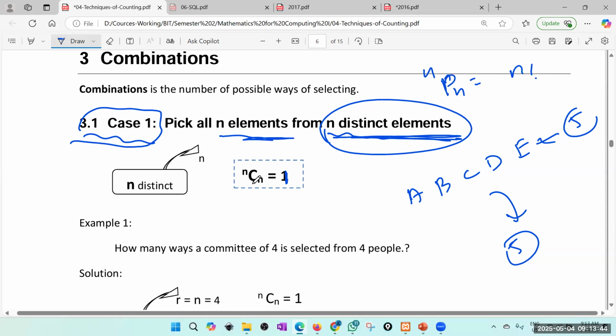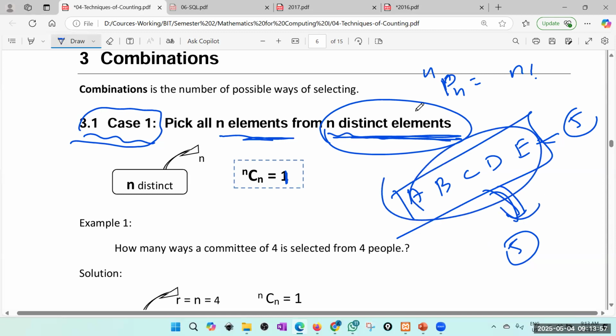But this is selection, combinations. When you have n elements and you need to take all n, we have only one way. So that is the first formula, case 1: nCn is 1.